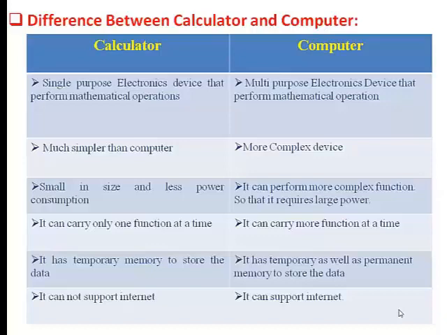Let us see one by one. First one, calculator is a single purpose electronic device that performs mathematical operation, whereas computer is a multi-purpose electronic device that performs mathematical operation.